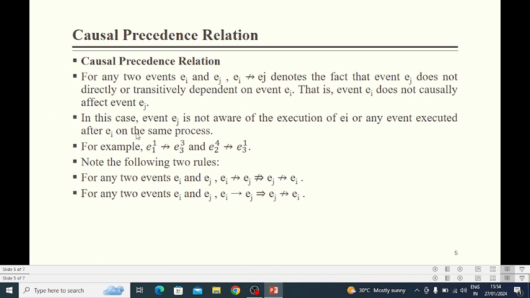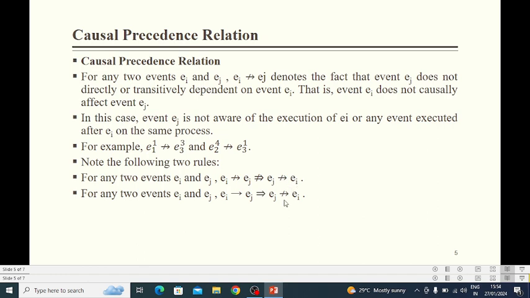In this case, the event Ej is not aware of the execution of Ei or any event executed after Ei on the same process. And we have two important rules. The first rule: for any two events Ei and Ej, Ei does not causally affect Ej does not imply that Ej does not causally affect Ei.